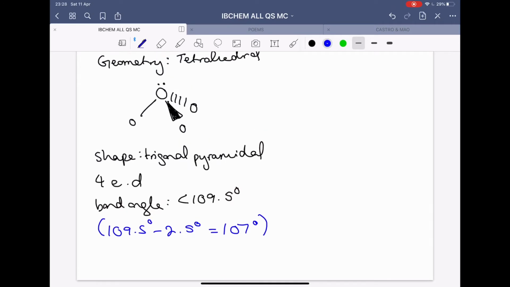So the angles get smaller because more energy is pushing. Like those 2 individual electrons are pushing the rest of the bonds to go closer together. So it actually is 107 degrees, and the actual structure of the molecule is AB3E, E being one lone pair of electrons, and an example of this is NH3, which is ammonia.